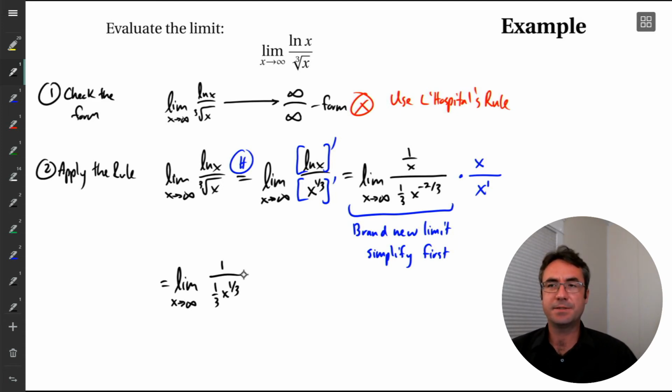But if we're looking at this, what's going on? X is approaching infinity, and now our fraction here, the top is 1, so the top here is just staying a constant 1. And the bottom here is getting really big. So this is a c over infinity form. And so the limit is just 0.